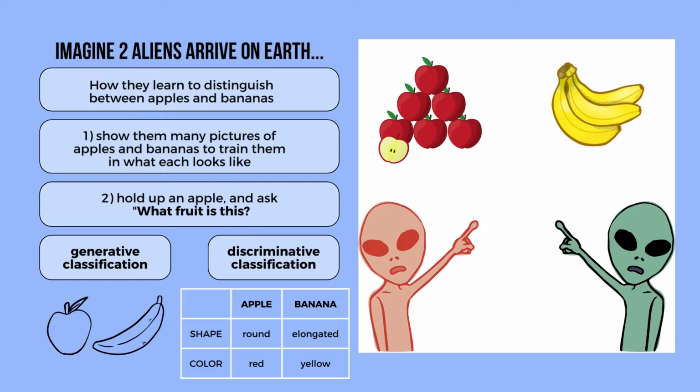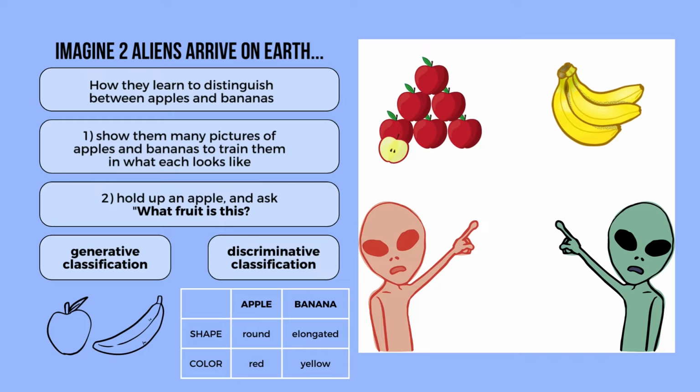This is similar to what we call a generative algorithm in machine learning. The second alien, on the other hand, goes about it differently. Instead of drawing, it starts comparing the features of the fruits. It notices that apples are usually round and red, while bananas are long and yellow. When it's given a new fruit, it doesn't look for a perfect match.